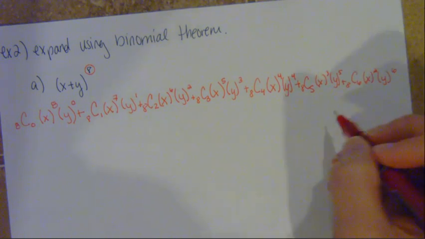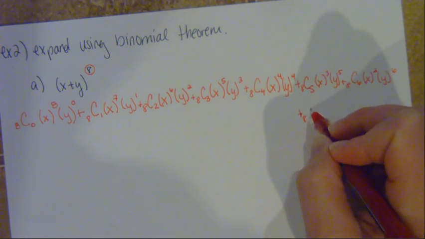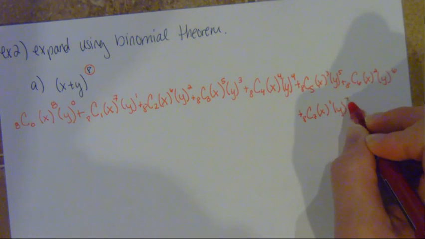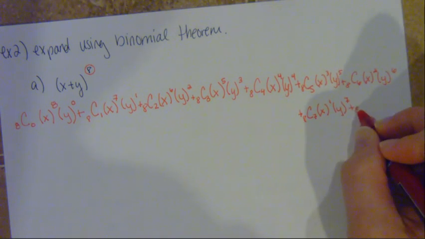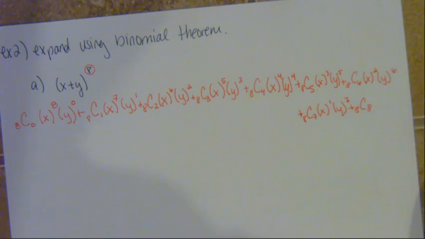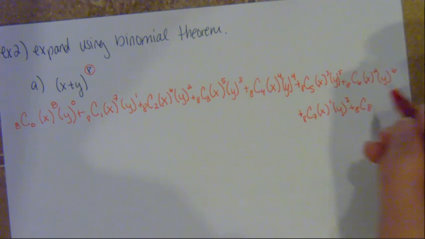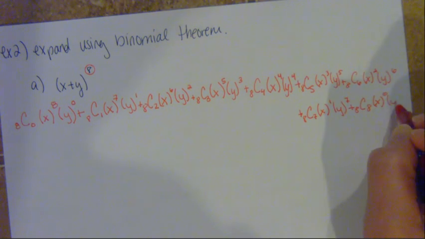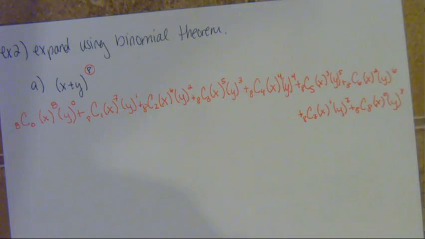I've officially run out of room, so we're going to keep going down here. 8 choose 7, x is going down to 1, y is going up to 7. Then last, 8 choose 8. I know this is my last one because I'm ending up with that match. I also know it's the last one because I'm out of x's, and I've got y to the 8th.